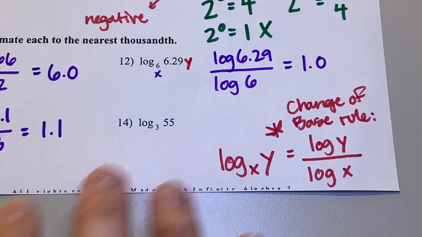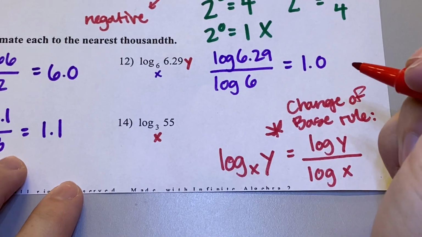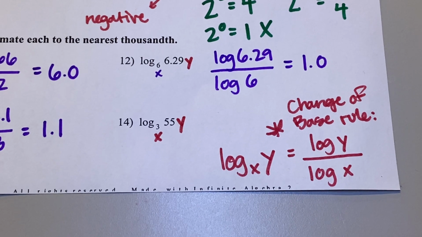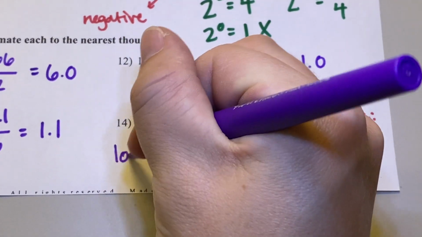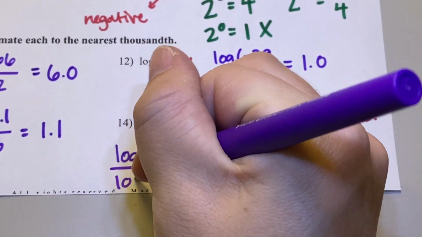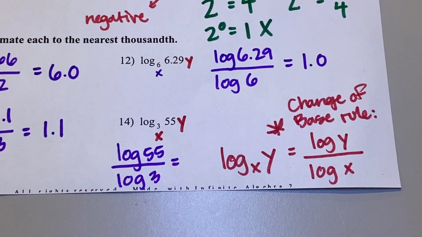Number 14, what's my base? What's my X? 3. What's my Y? 55. Which one goes on top when dividing? 55. We have log of 55 divided by log of 3. All we gotta do now is punch this into a calculator.